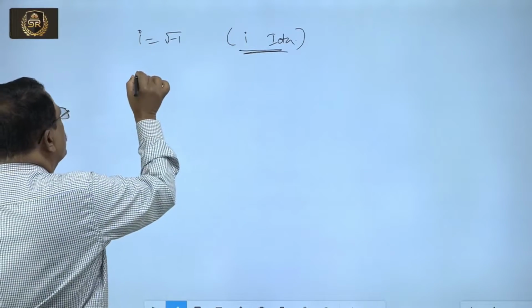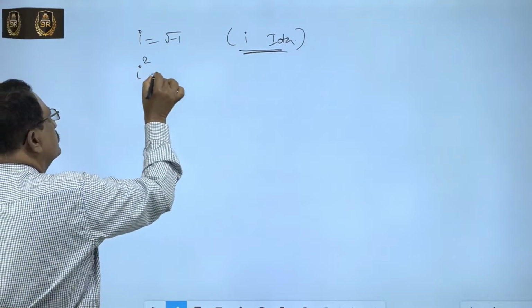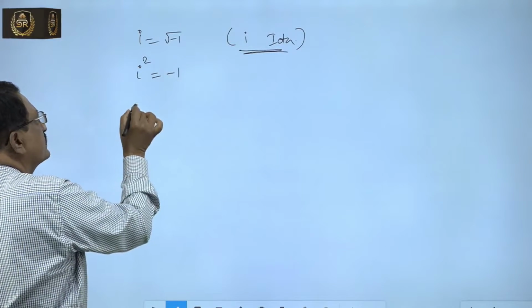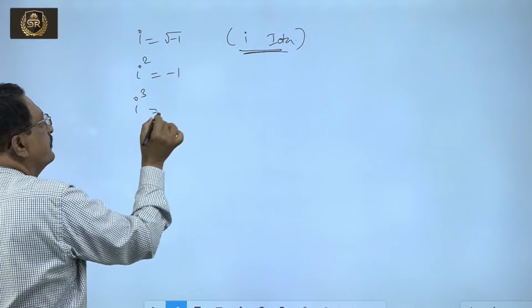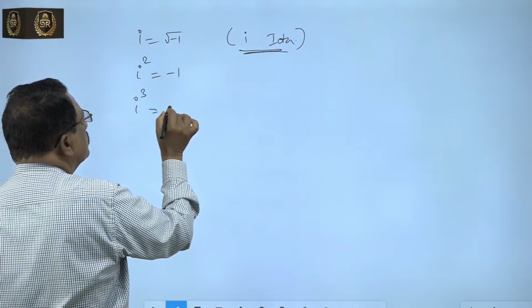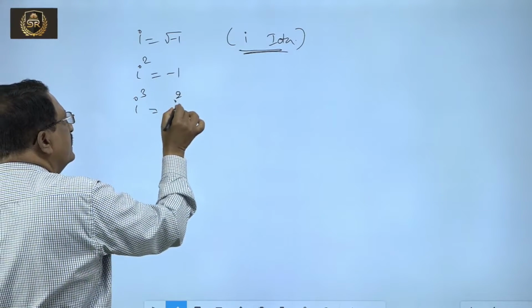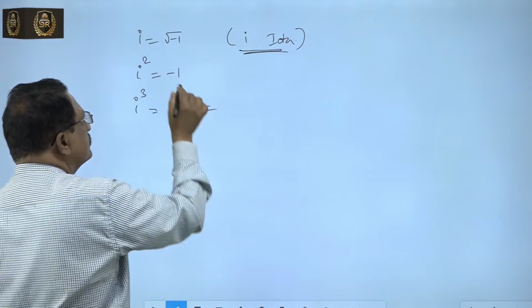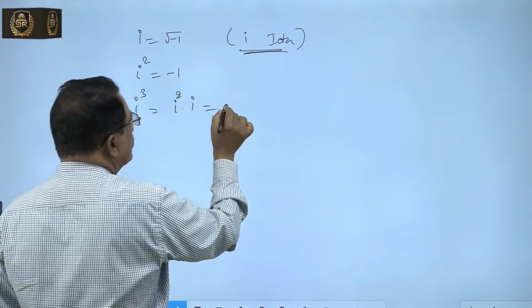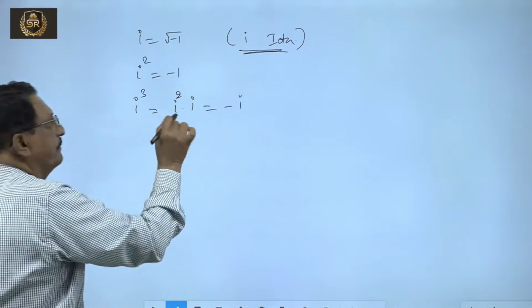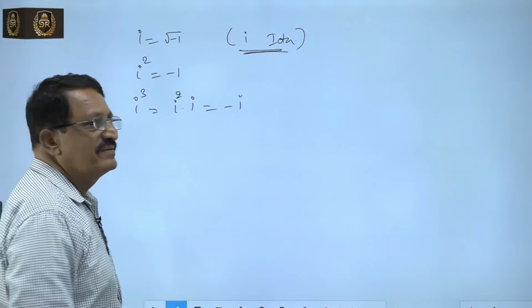Squaring on both sides, i square equals minus 1. Next, i cube equals minus i, because i cube can be written as i square into i, but i square equals minus 1, so we get i cube equals minus i.